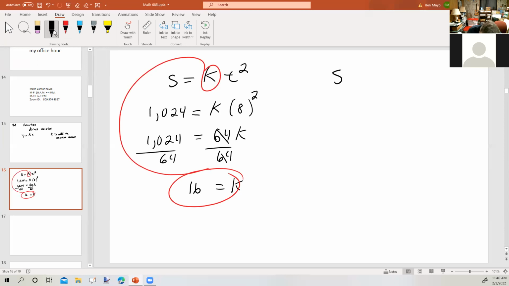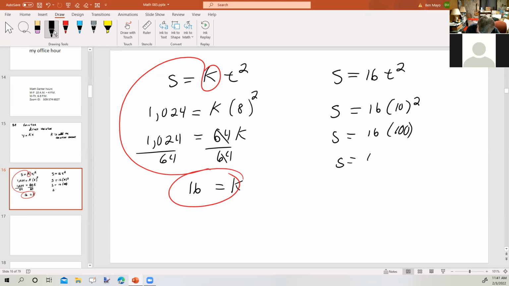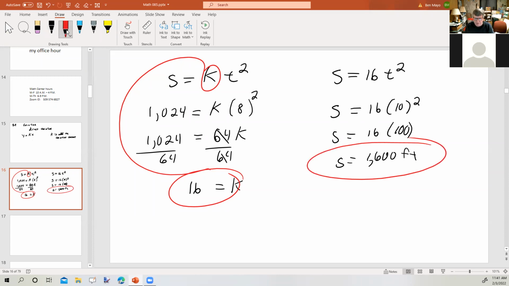So now my formula is s equals 16t squared. I'm going to use that for the follow-up question. How far will it fall? So that's s in 10 seconds. So s equals 16 times 10 squared is 100. So 1,600 feet. And there's the final answer.